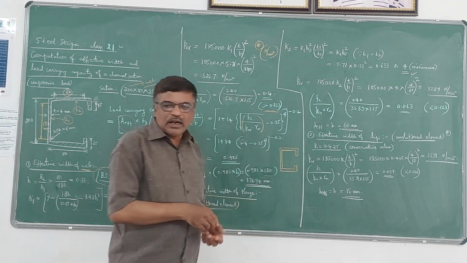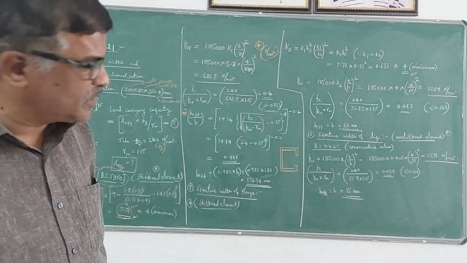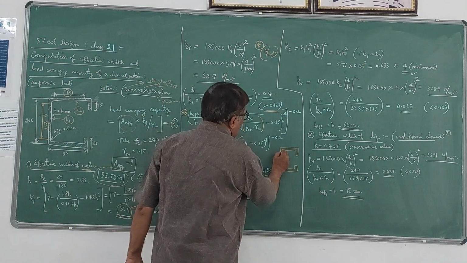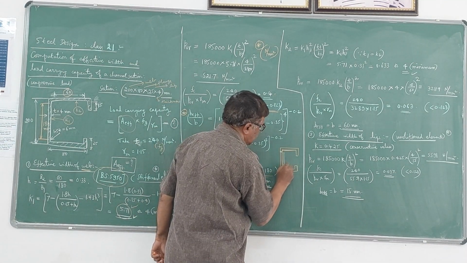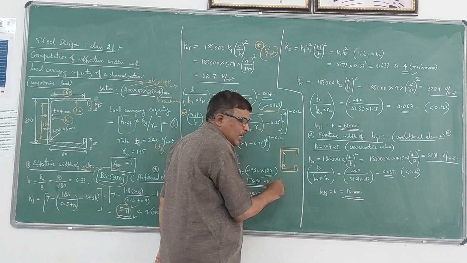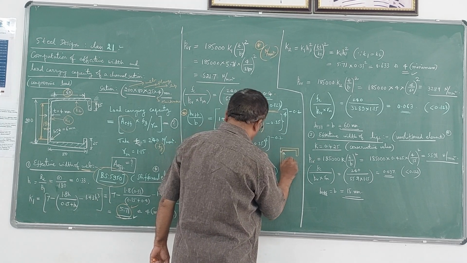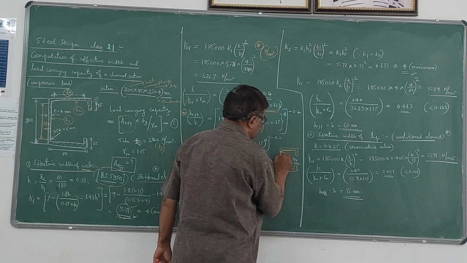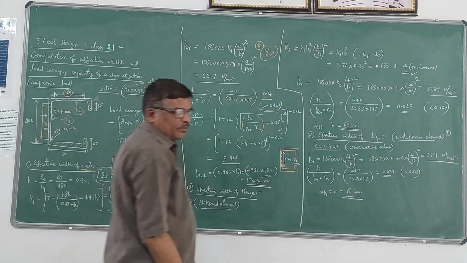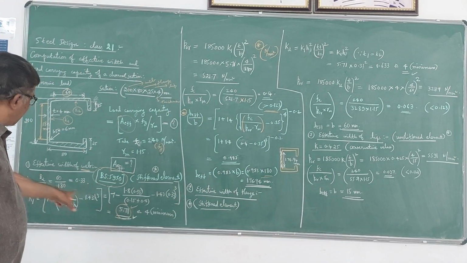A portion will be ineffective. So from the entire web portion, only this much, that is 176.94 mm, is effective to carry the load. That is how we have to calculate for the web.